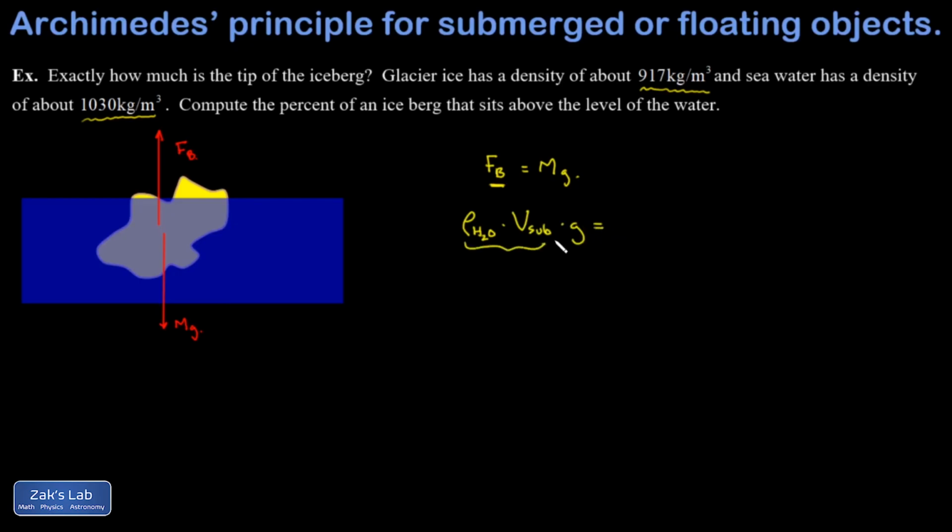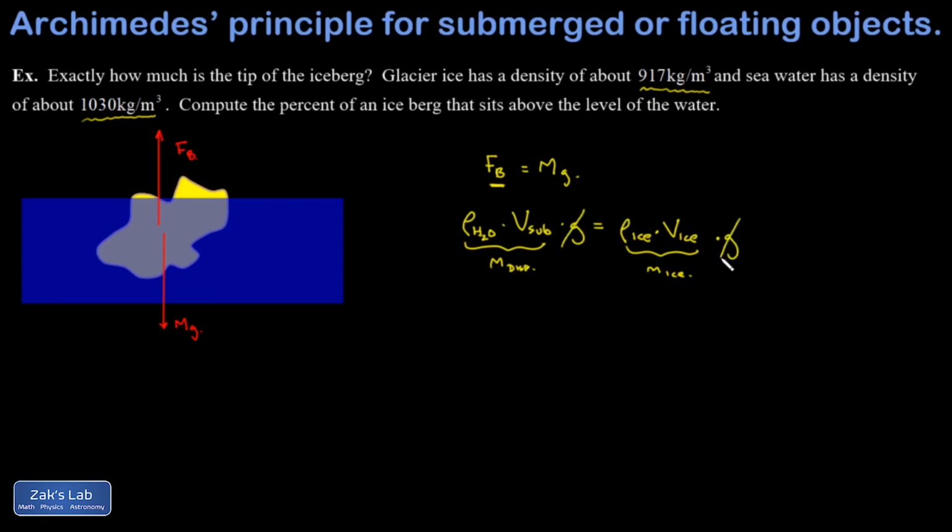Again, this density times volume here is the mass of displaced water. Just a reminder. And then the mass of the entire iceberg, well, that would be equal to the density of the ice multiplied by the volume of the ice. Again, that's the mass of all of the ice put together. And the weight, of course, requires me to multiply by g.